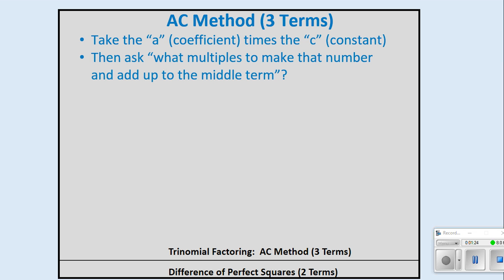Then we ask, what multiplies to make that number and adds up to be the middle term? If that doesn't make sense to you right now, it will, because I will do some examples. And then we turn it into a 4-term grouping problem. Well, we already know how to do a 4-term grouping problem. So it's just the first 2 steps that we have to do differently when we do the AC method.